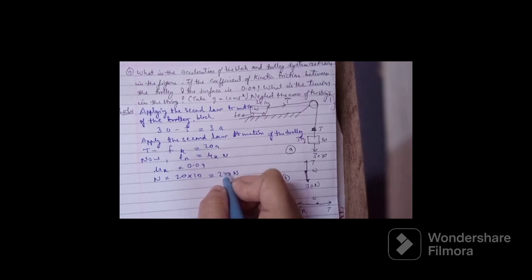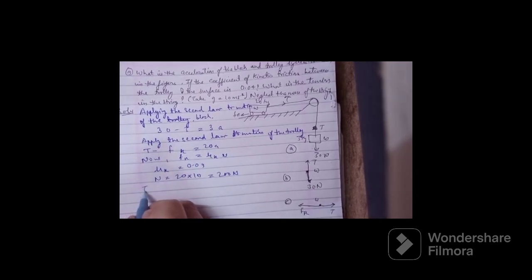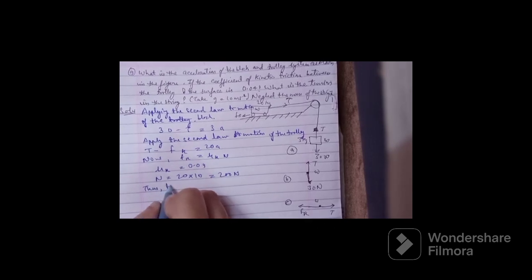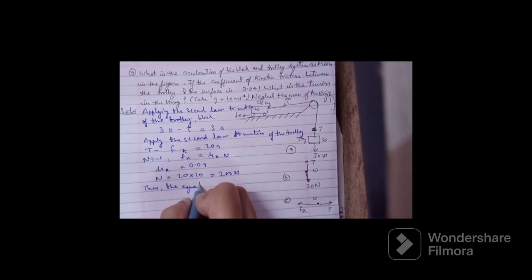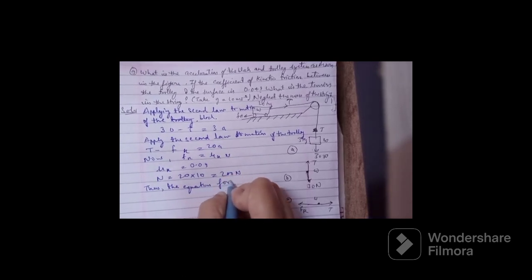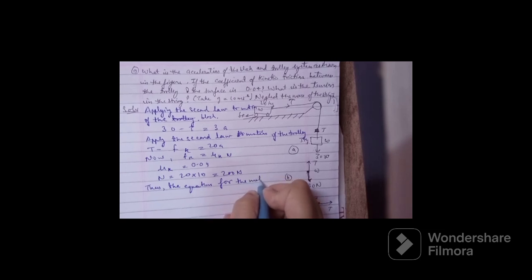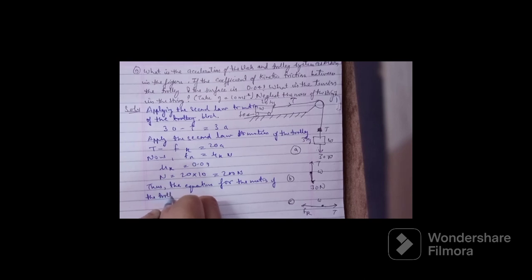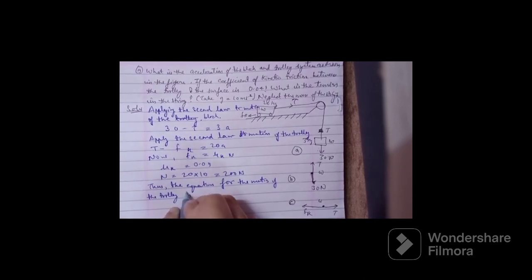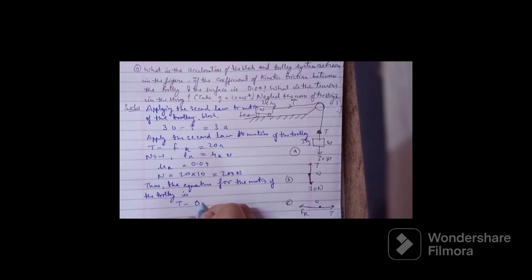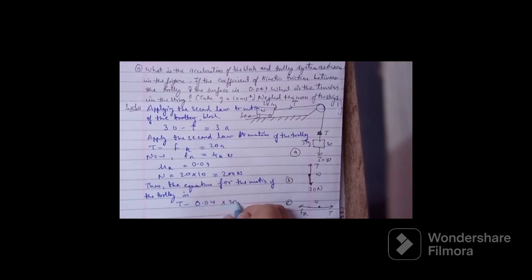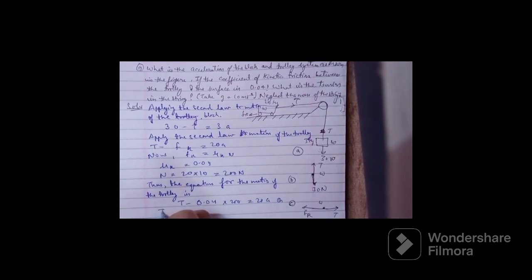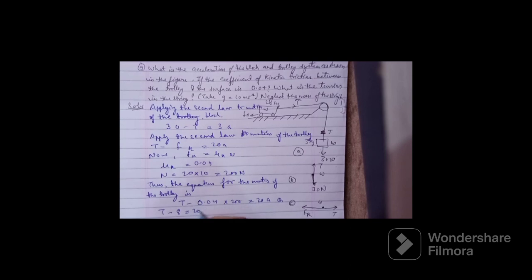Thus the equation for the motion of the trolley is T minus 0.04 into 200 equals 20a, or T minus 8 equals 20a.